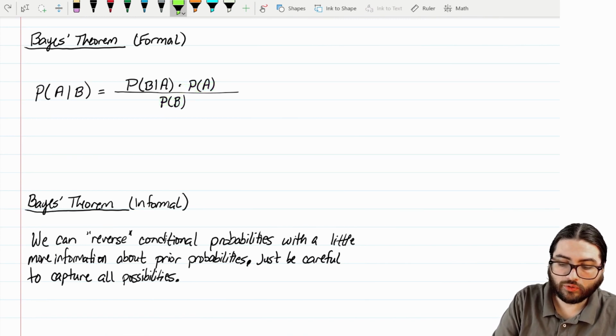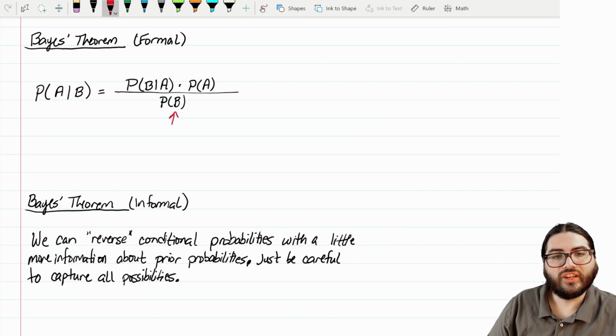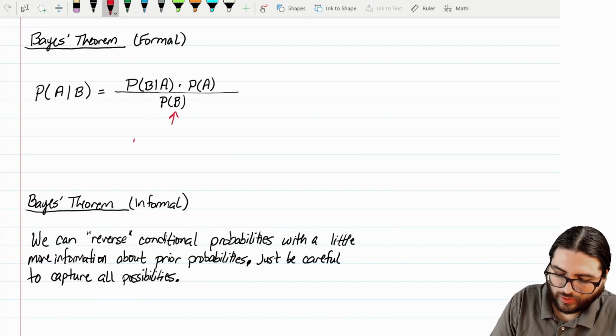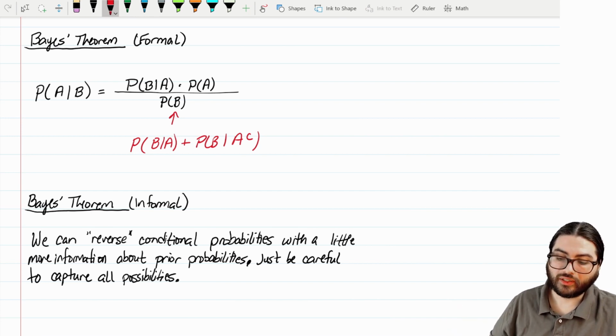Sometimes we have to go dig through it to find, right? So very often this denominator part will come to us in this form. The probability of B given A plus the probability of B given A complement. Or maybe even more, right? If your tree was more complicated, you might need 3 or 4 or 5 probabilities on the bottom of that fraction to accurately capture all of the different possibilities.